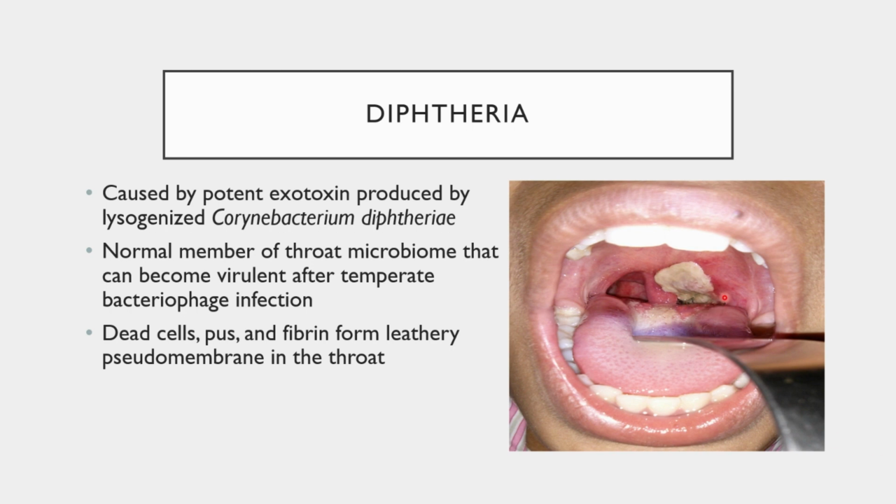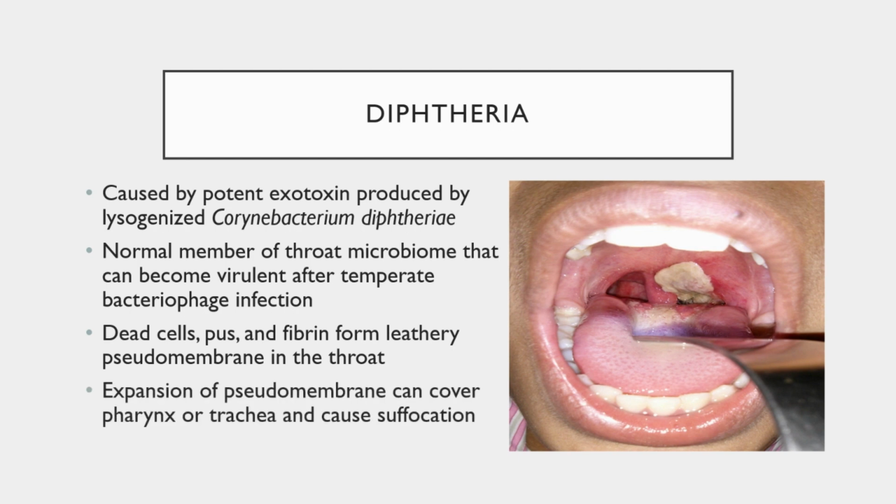And if the extent of this pseudomembrane develops to the point where it blocks the pharynx or the trachea, then it can actually lead to suffocation, which is why diphtheria is so dangerous. Even though we might not recognize it as such these days, in the 1930s, it was the leading cause of death among children in the United States.